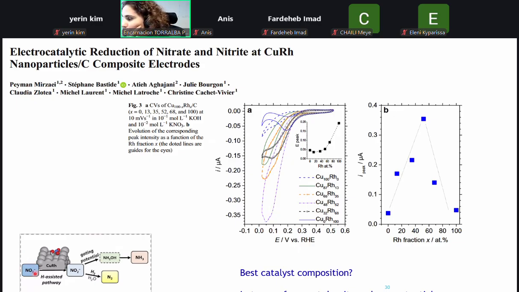So they put copper 0, rhodium 100, that is this one. Then they change to copper 32, rhodium 68, that is this one. Copper 48, rhodium 52, that is this one. So they are different electrodes, and I want to know which is the best electrode in terms of activity according to what I just said. So which of these compositions gives me the best response?